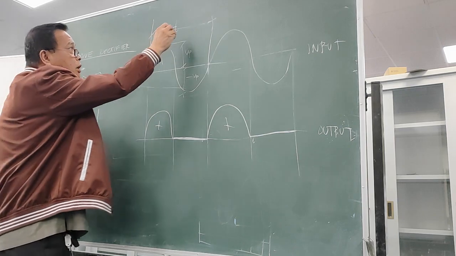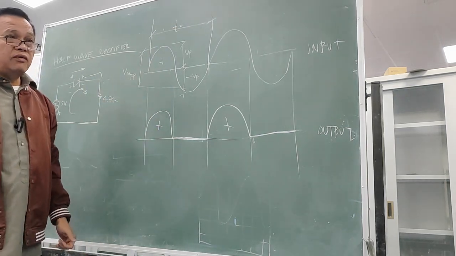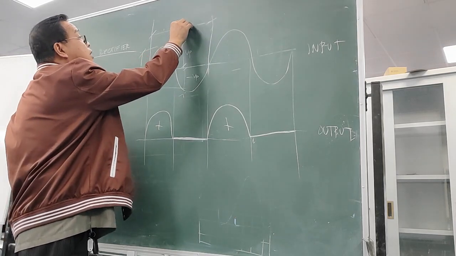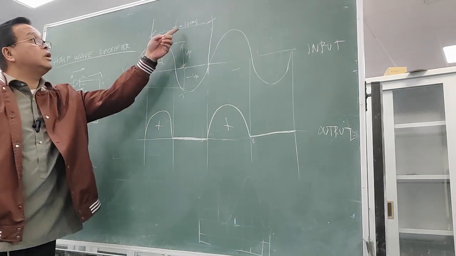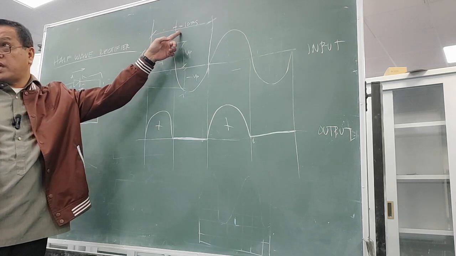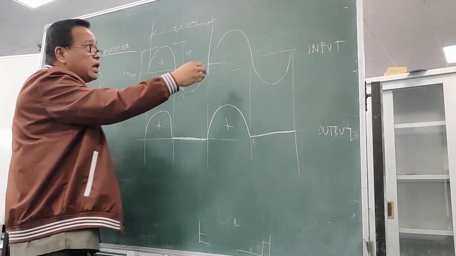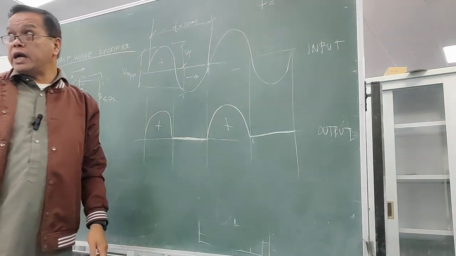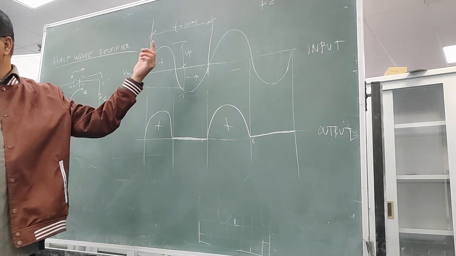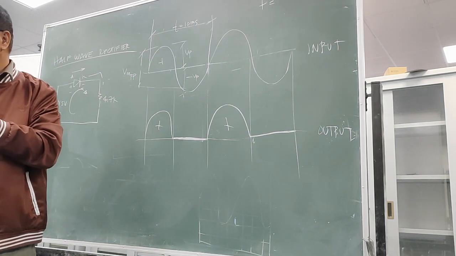For example, here, the time given is 10, the time spent from this point to this point is 10 milliseconds to travel. Okay? So in the last table, you will find there a question which is the frequency, right?